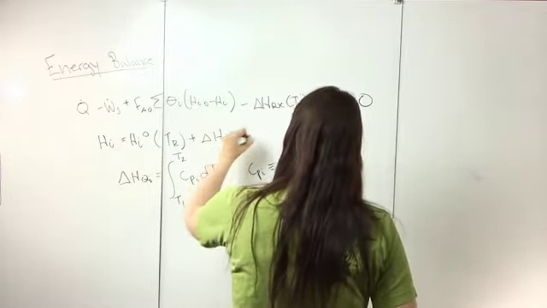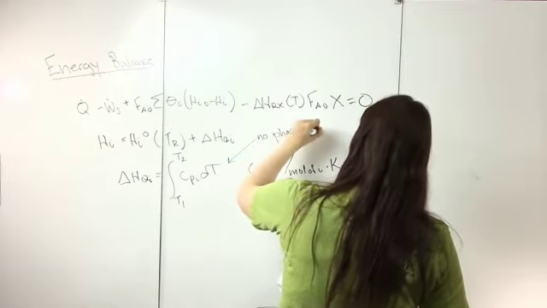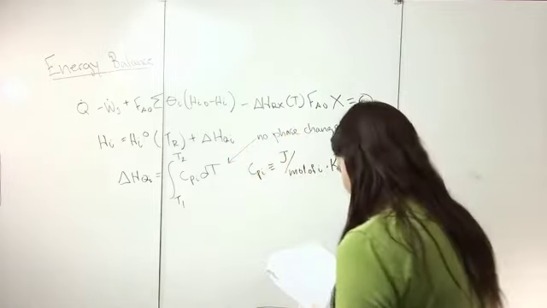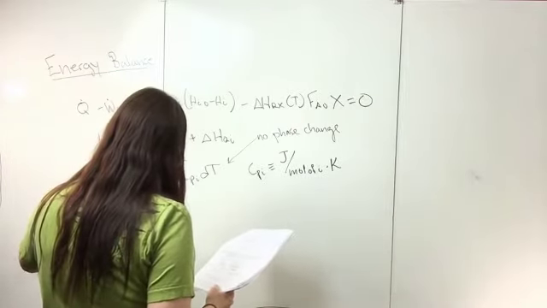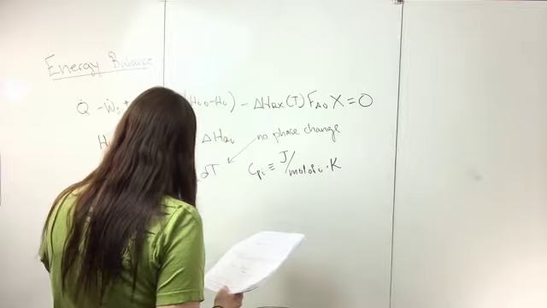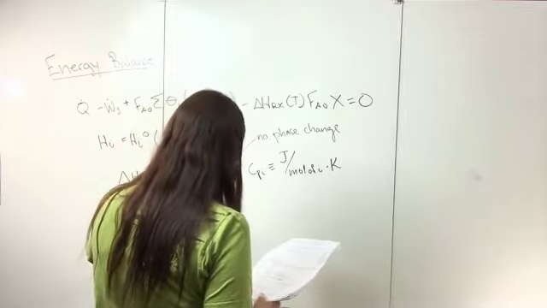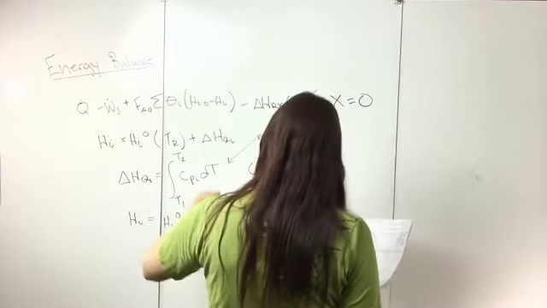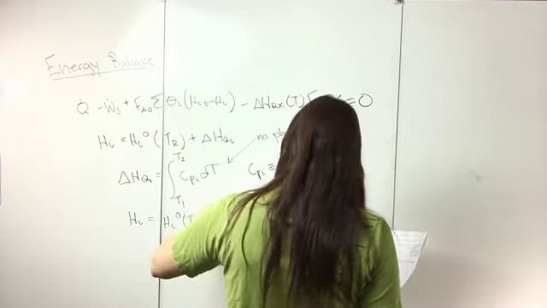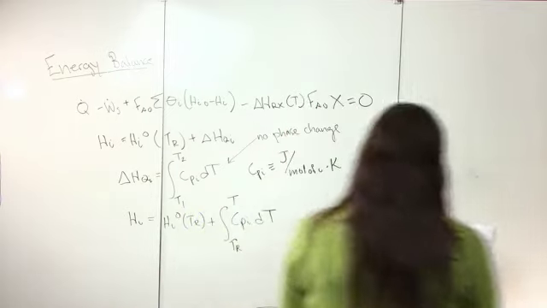So no phase change. So doing that, you get that H, or the enthalpy, is equal to the reference enthalpy plus, and then this would go from the reference temperature to temperature T, C_Pi dT.